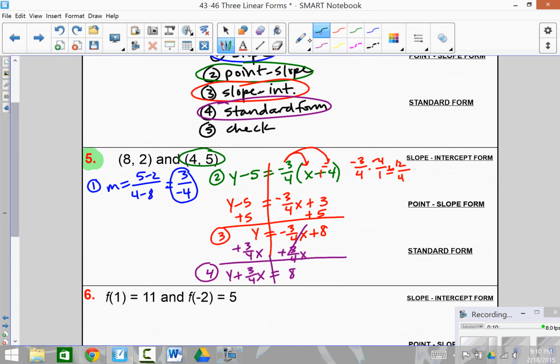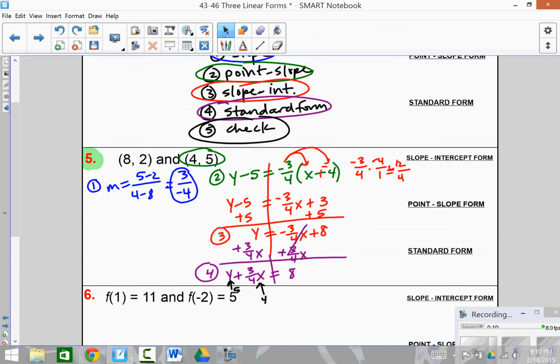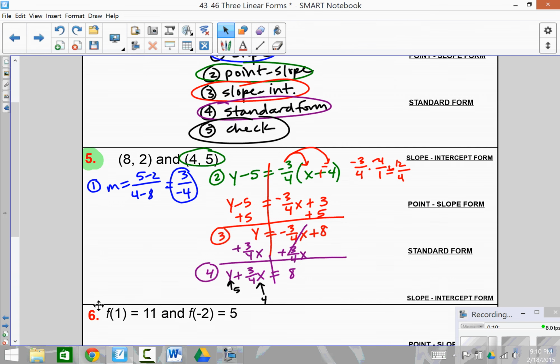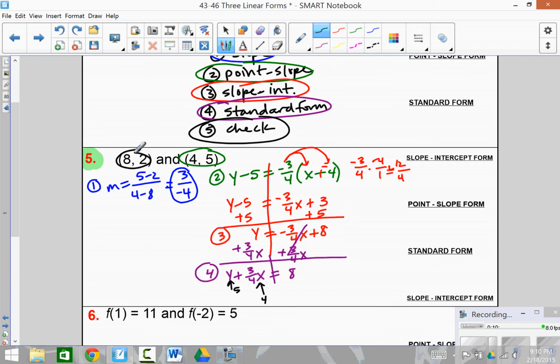Okay? And last up, again, it's up to you to go ahead and check. If you plug in the 4 for the x and a 5 for the y, and if that 3/4 scares you there, change it to a decimal. 3/4 is the same thing as 0.75. Do the math in the calculator, it should equal 8. If you checked the other ordered pair, 8 and 2, so the 8 would go into the x, the 2 would go into the y, it should also equal 8 on the other side.